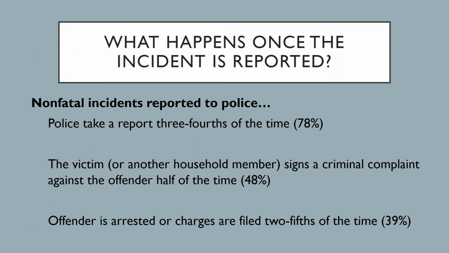So once an incident actually does get reported, what's the likelihood of law enforcement actually following through? There are various levels of ways in which law enforcement can follow through with a report of domestic violence. Let's open that up.